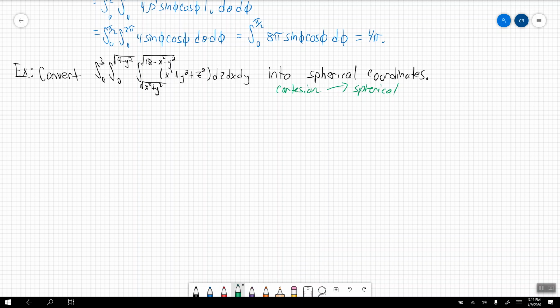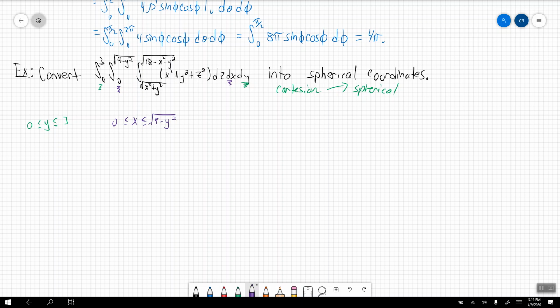I'm going to have that these y values are bounded by these y values. Outermost goes with outermost, which means my y values are bounded between 0 and 3. Nice, that's by the limits of integration. Now my middlemost is my x values, so they go from 0 over to the square root of 9 minus y squared.